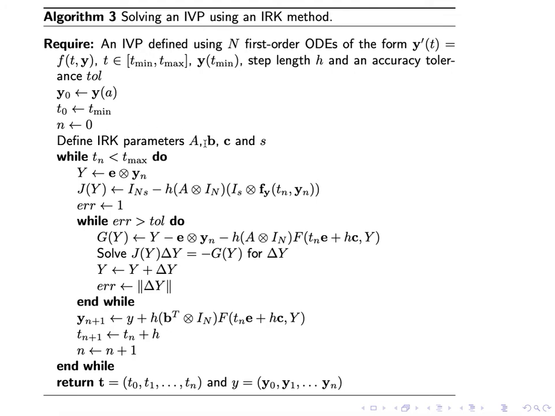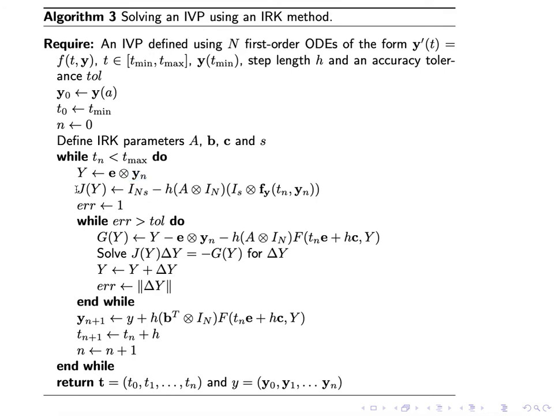And we define whatever Runge-Kutta method we're using, our A, B and C arrays, as well as a number of stages S. So we loop through the domain, and we initialize our guess values of big Y to be a vector of ones tensor product with our current solution little yn.